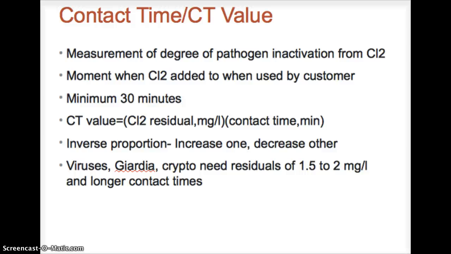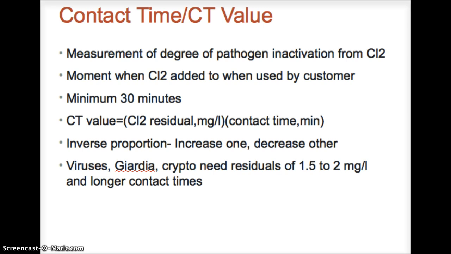It's the moment when chlorine is added to the water to when it's used. And the minimum time is 30 minutes. So your CT value is the residual times the contact time in minutes. So they are in inverse proportion to each other. You increase one, you decrease the other.